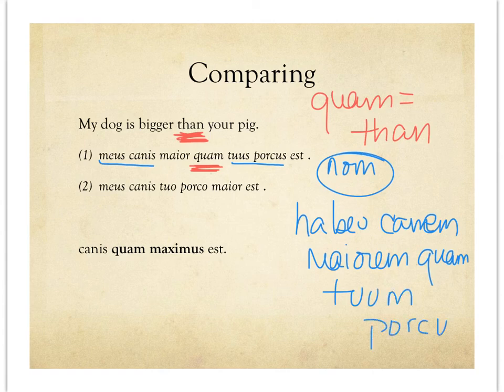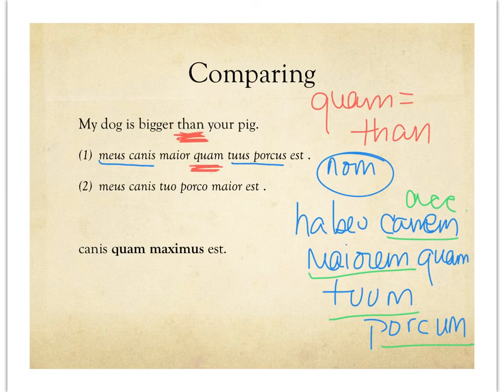I have a dog in the accusative that is bigger in the accusative than your pig, also accusative, right? Because if the dog is in the accusative, the thing it's being compared to is also going to be in the accusative. All these things are going to agree, okay?